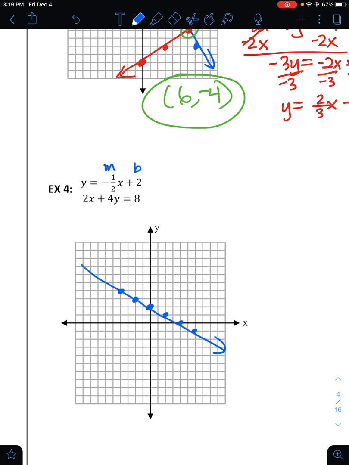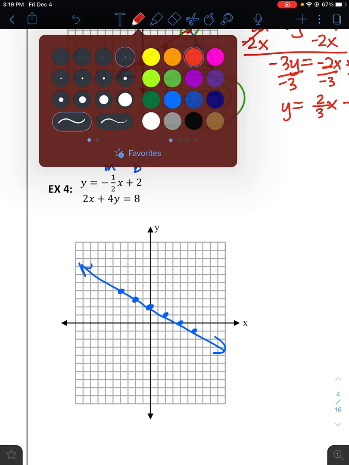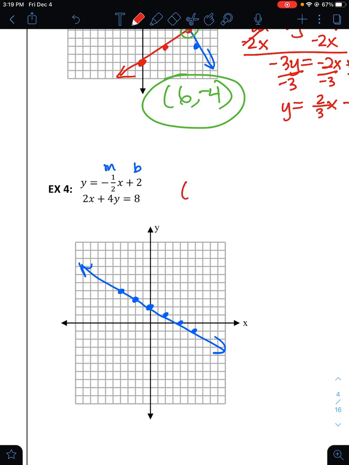Draw my line. And then I could do intercepts on the second one, or you can rearrange it in slope-intercept form. So if I do a number, comma, 0, 0, comma, a number. So if I plug the 0 in for y, this is going to disappear. So it's going to say 2x equals 8, x equals 4.